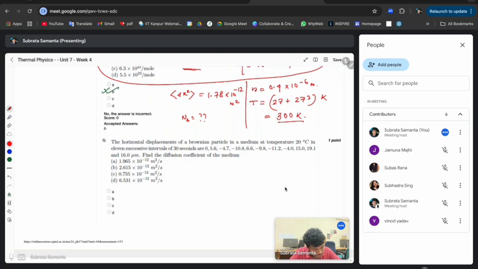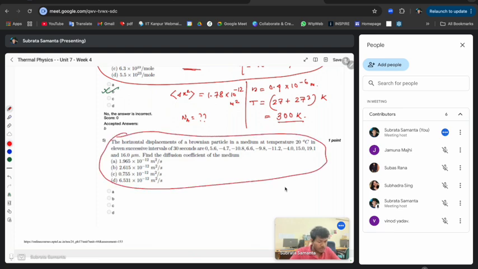So in the next question, question 5. The horizontal displacement of a Brownian particle in a medium at temperature 20 degrees centigrade in 11 successive intervals. So again, 11 successive intervals of 30 seconds. So n equals 11, right?